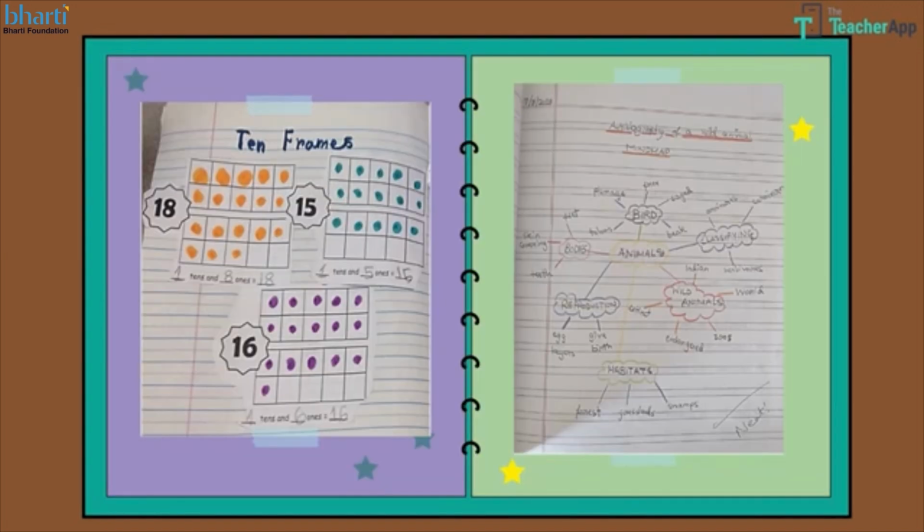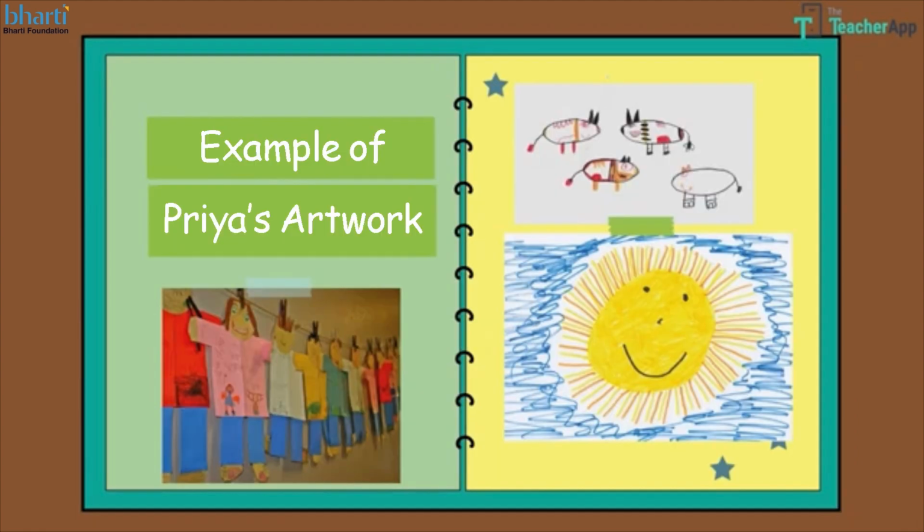For every kid, we can make their creative articles a part of their portfolio, and this can be done for different subjects. By reading this, we can understand Priya's creativity and skills of self-expression. These articles also help us understand a few elements of the learner's personality.